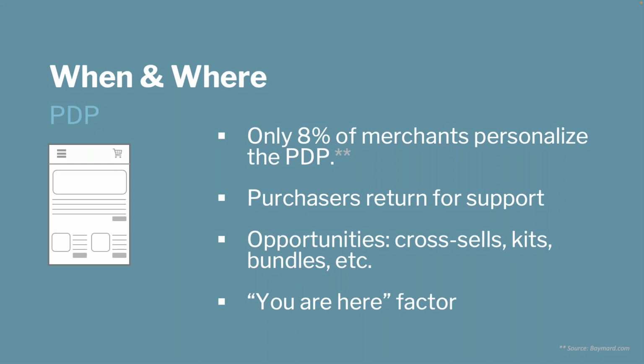The reason this is important, and it's a big lost opportunity, is that on the product detail page we're finding that users who have purchased an item often come back to the PDP. They return for support. In other words, if they bought something and need to figure out how to put it together, they will often come back to the PDP. And it's here that we have the opportunity to cross-sell to them. We can try to sell kits, bundles, in other words, products that go well with the product they've already purchased.